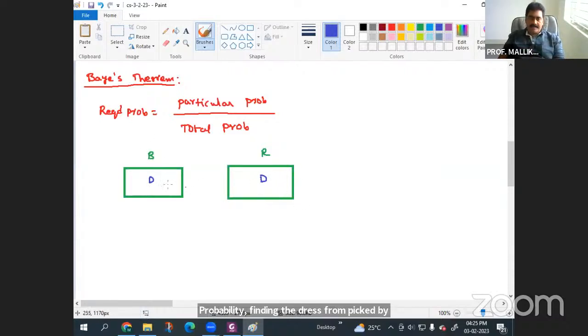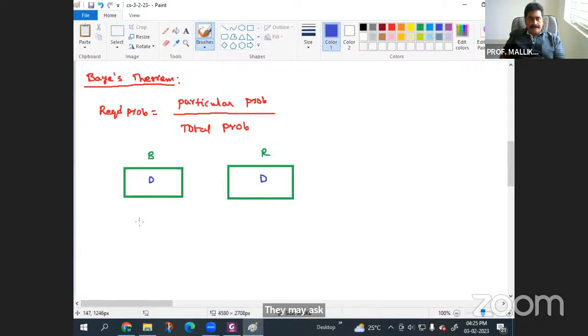See, in both the places, dress is available. But he is asking, what is the probability of buying the dress from Big Bazaar? Particularly is mentioning, or they may ask you Reliance also.